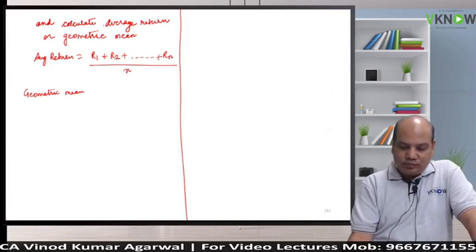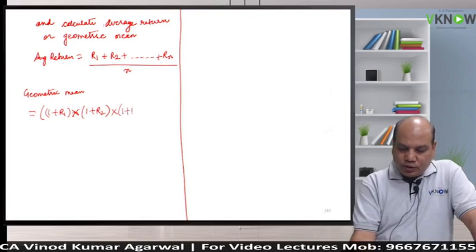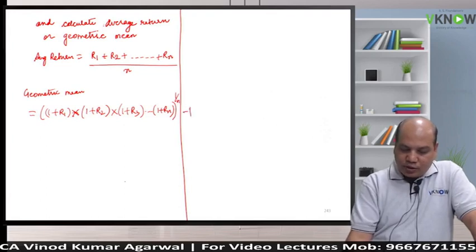Or you can compute geometric mean. So geometric mean is 1 plus R1 into 1 plus R2 into 1 plus R3 and so on, into 1 plus Rn, and the whole thing to the power 1 by n minus 1.